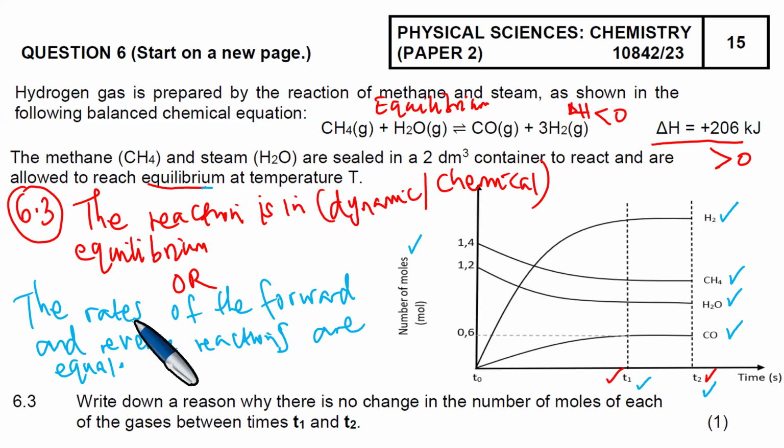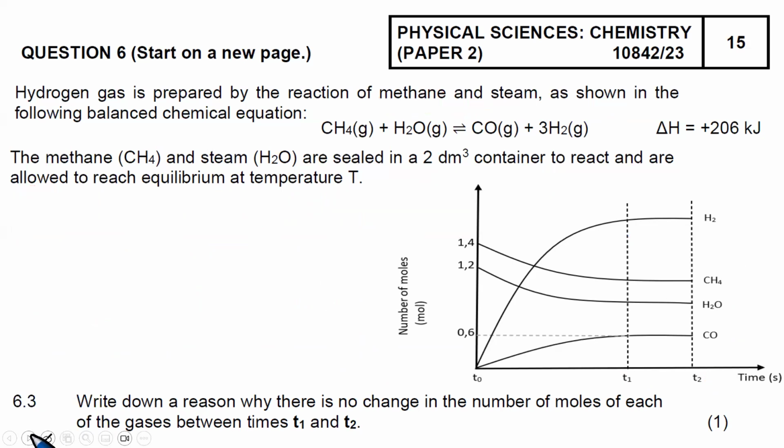If you don't want to use rates, you can say, hang on, if the reaction is in equilibrium and the graphs are level like this, it means the reaction is in dynamic or chemical equilibrium. We move forward to the next question.